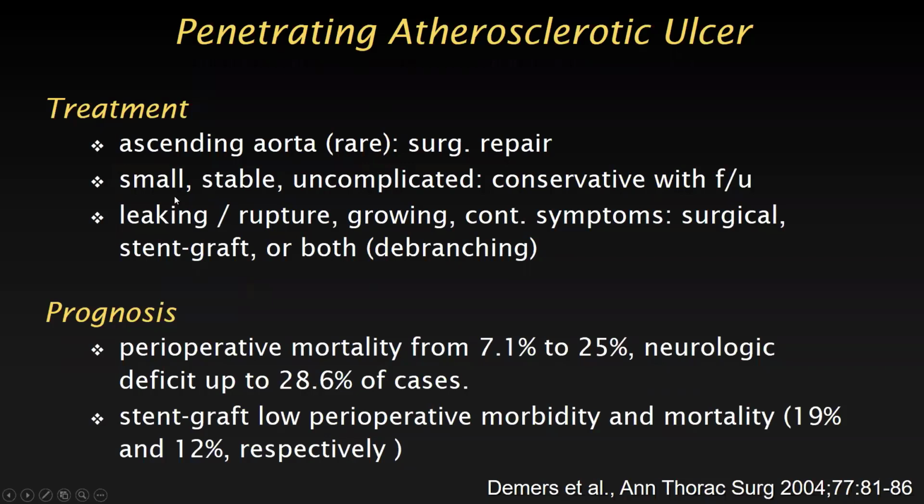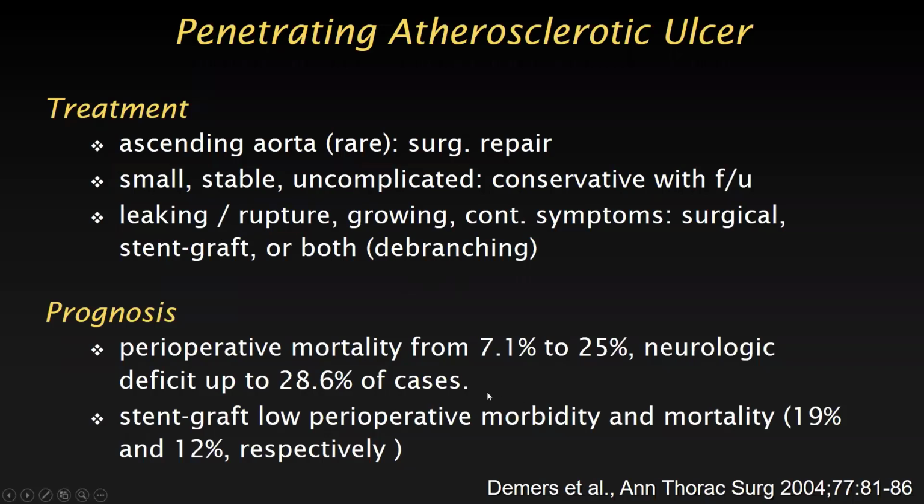Again, if there's no complication and it's not in the ascending aorta, usually they are managed conservatively, but if they're leaking, rupturing or growing, then usually they need a surgical or endovascular debranching, and I'll show you an example of that as well.